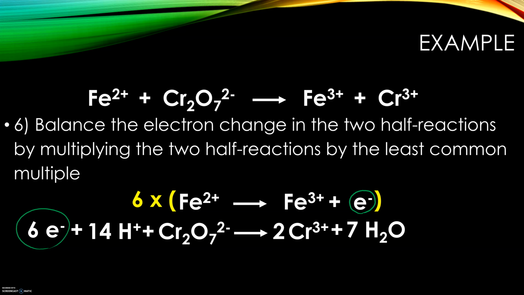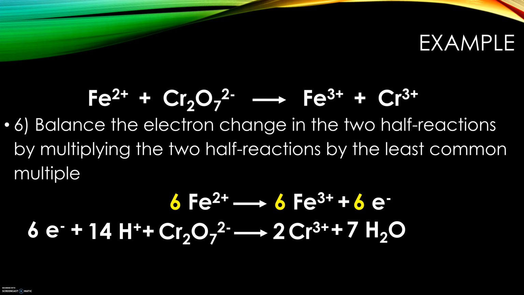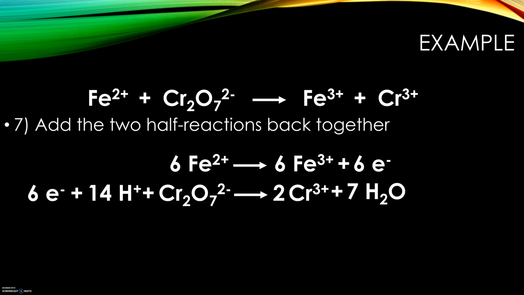By doing so, we can shift the entire top part by multiplying it by 6 and distributing it. So now we have 6 iron 2+, and then 6 iron 3+, and 6 electrons. Now that we have all the same number of electrons for our oxidation and reduction, we are ready for a final entry. Almost there now.